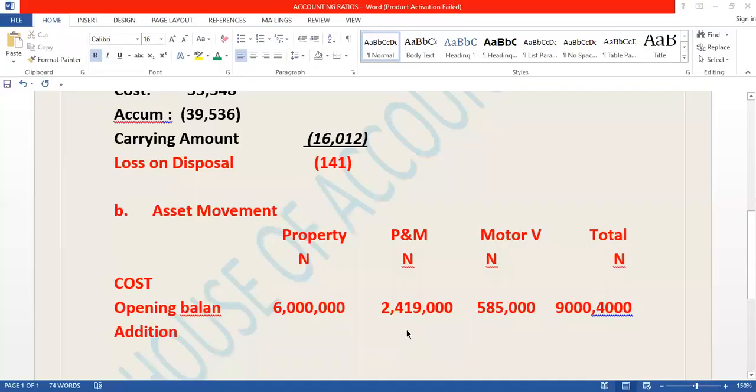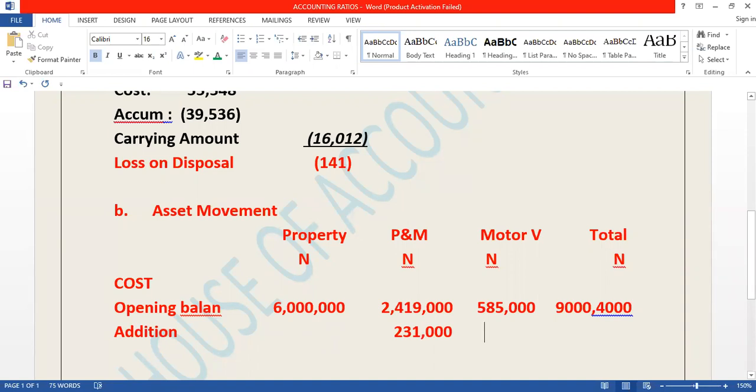So the addition for the plants is how much again? In note 1, 231,000. Is there any addition to vehicle in note 2? No, not in note 2.